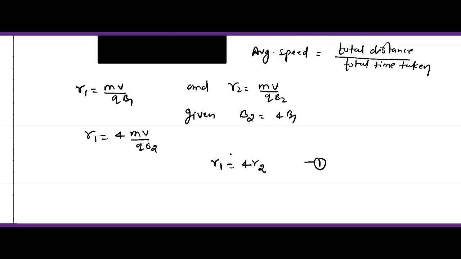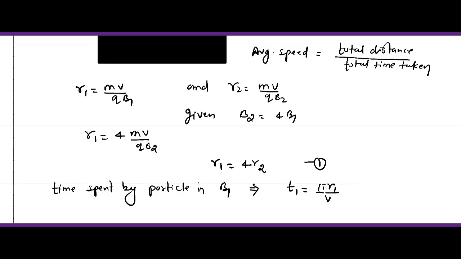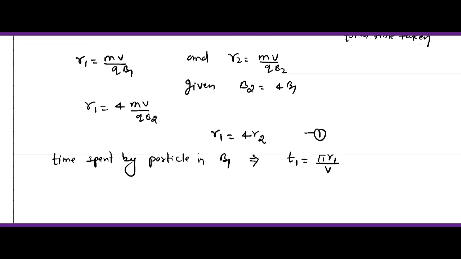Now we will find the time spent by particle in both of the magnetic fields. So the time spent by particle in magnetic field B1 will be T1 equals to pi R1 upon V. Pi R1 is the distance which is covered by particle in magnetic field B1, and V the velocity of particle, and it is given that velocity of particle is equal to pi meter per second.